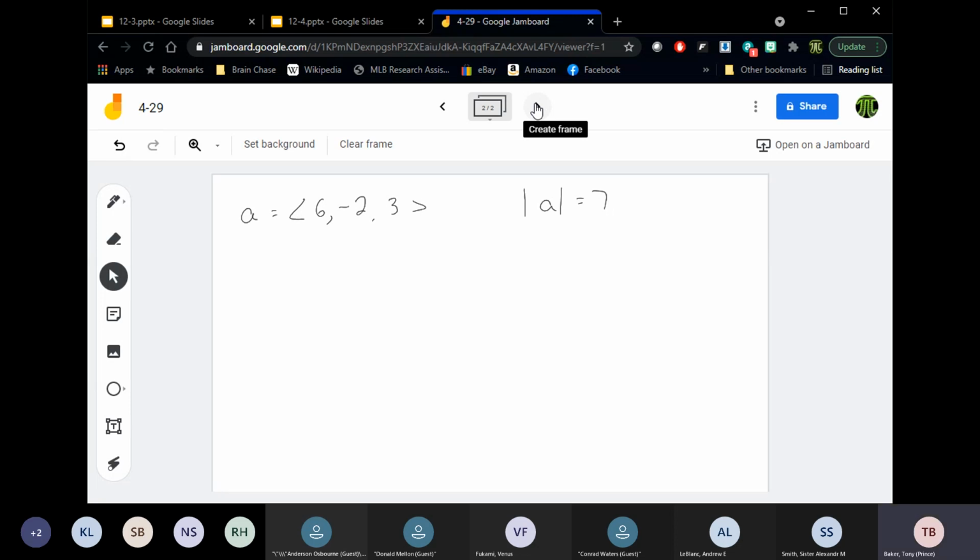So we just have to do cosine of alpha is 6/7. Cosine of beta is -2/7. And cosine of gamma is 3/7.